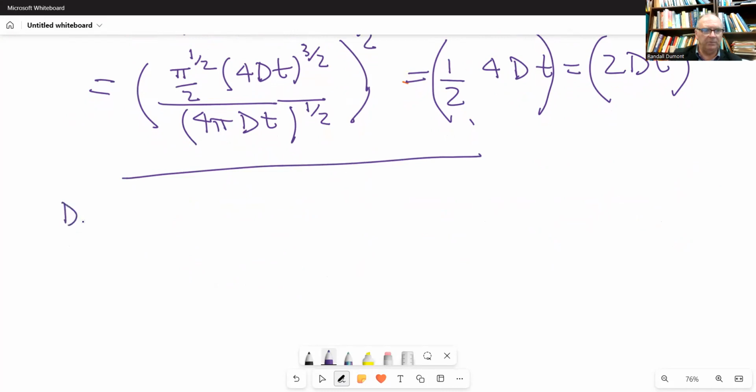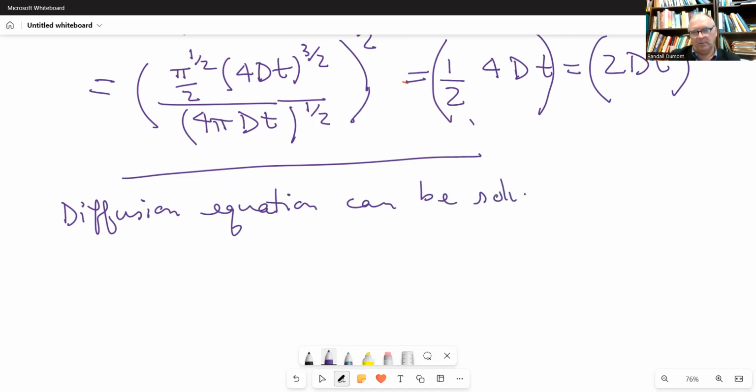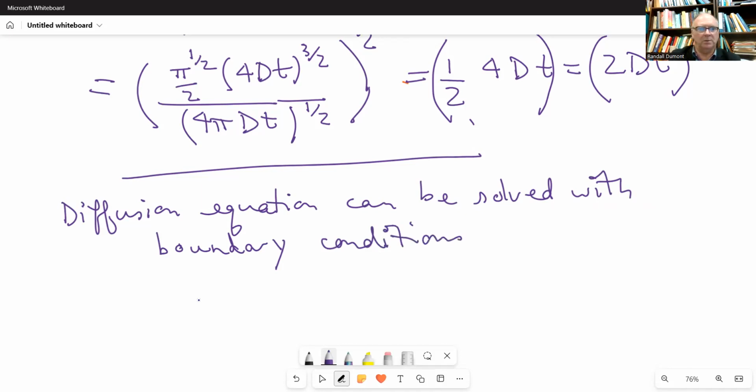The diffusion equation can be solved with boundary conditions. These are maybe different from the ones that you've seen before with other equations. So there's two kinds of boundary conditions. We could have particles bounce off the wall.